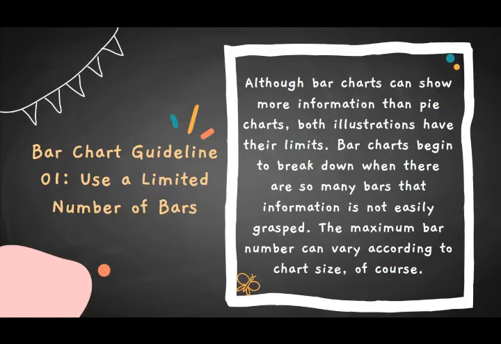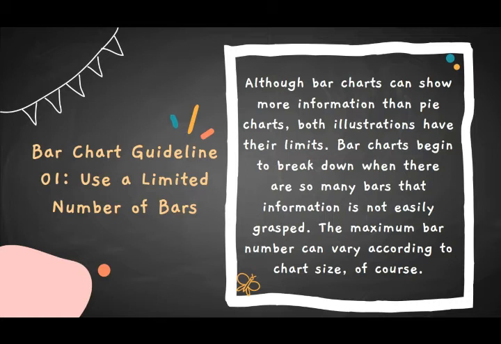There are 5 guidelines to create effective bar charts. First, we have the use a limited number of bars. Although bar charts can show more information than pie charts, both illustrations have their limits. Bar charts begin to break down when there are so many bars that the information is not easily grasped.